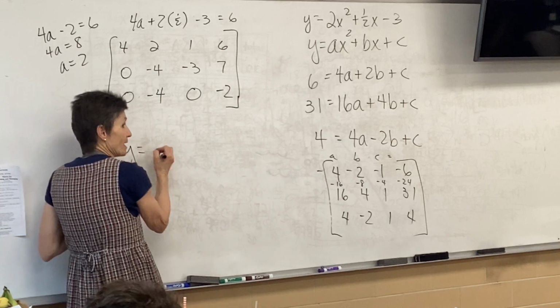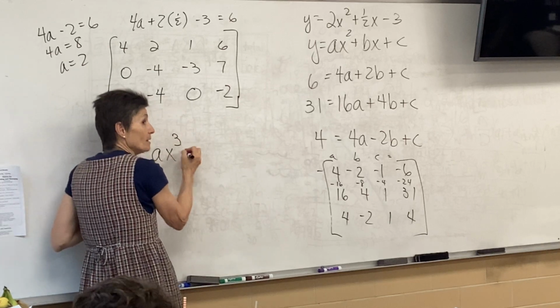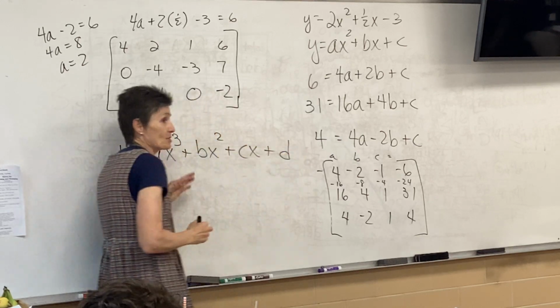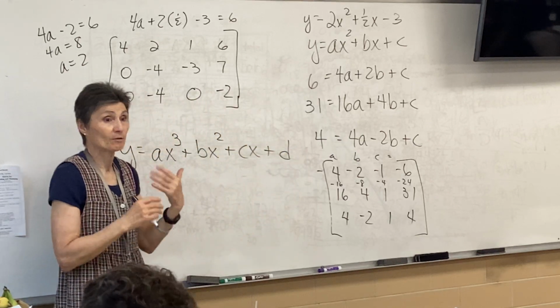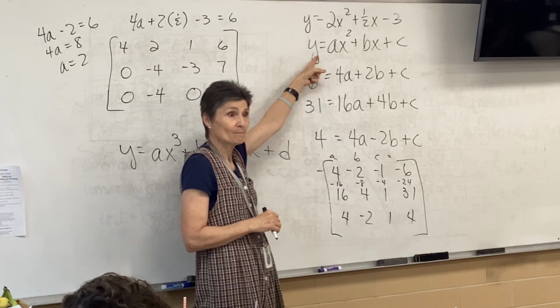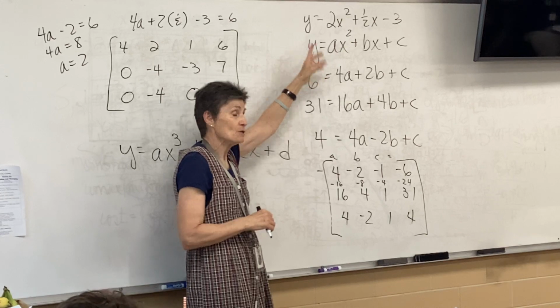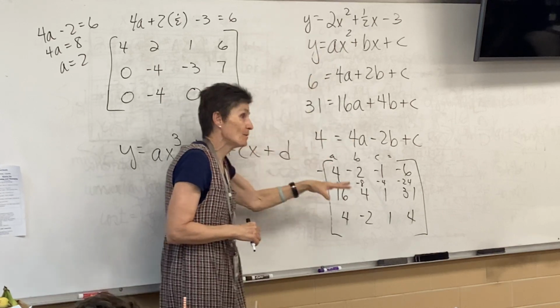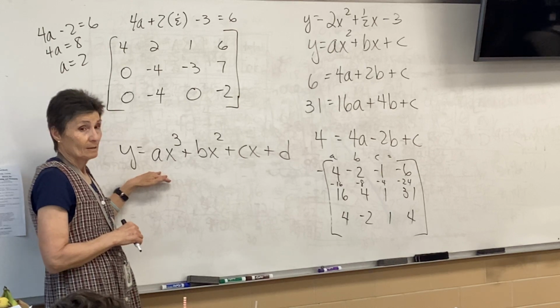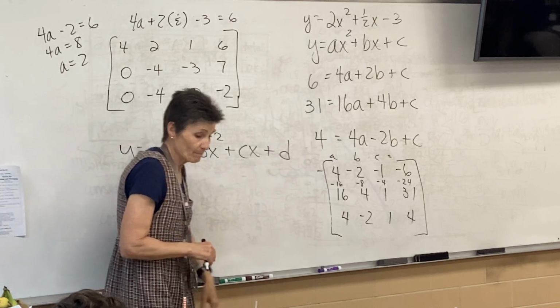Y equals ax cubed plus bx squared plus cx plus d. So some of you only generated 3 equations because you were using that format. That's wrong. I mean, the process is the same, but if it's a cubic polynomial, it looks like this. Okay?